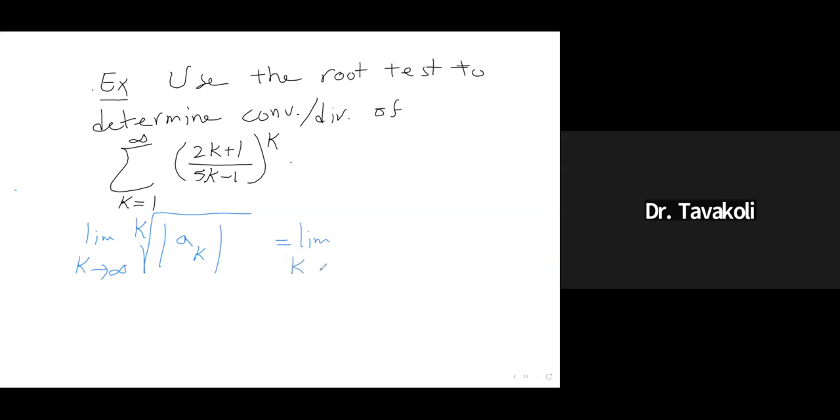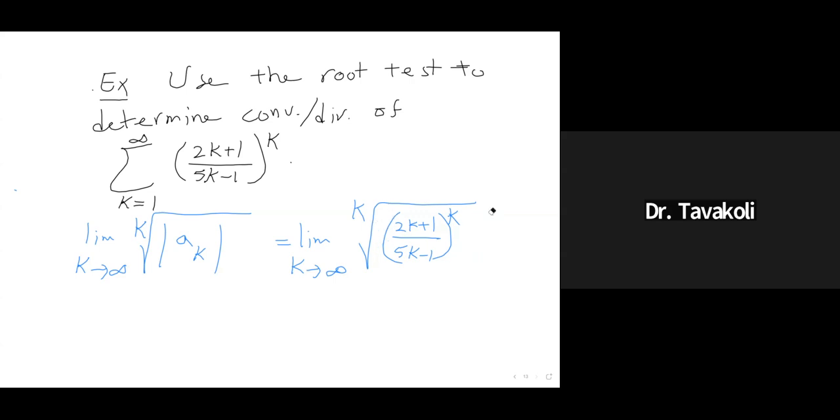The limit as k tends to infinity of kth root of absolute value of (2k plus 1 over 5k minus 1) to the power of k. If there was a term like minus 1 to something before the general term, then the absolute value will make that negative disappear. But here we don't see that, so there is no need for the absolute value.